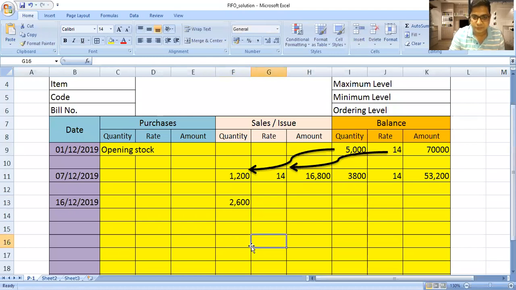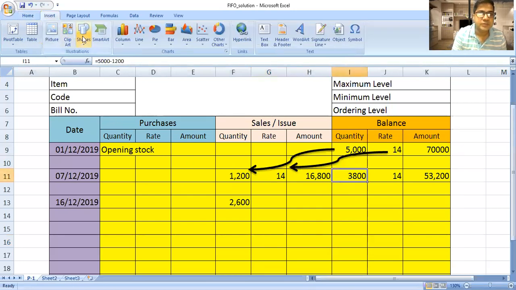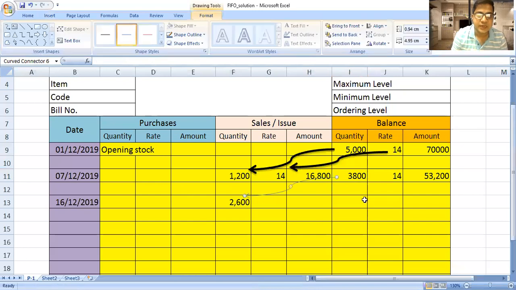So we will write here 2,600. Now we already have a balance of 3,800. From this 3,800, we will use 2,600 for selling purpose.